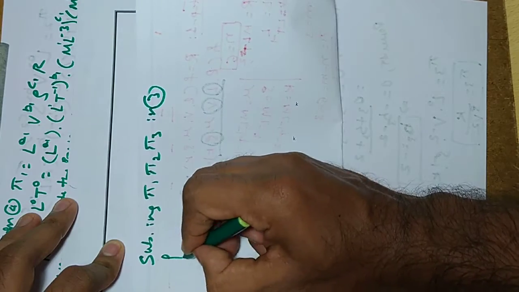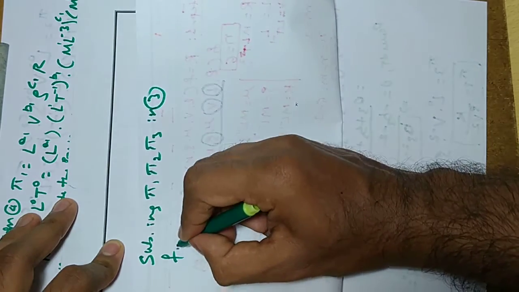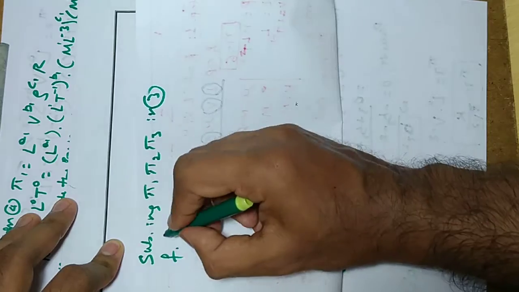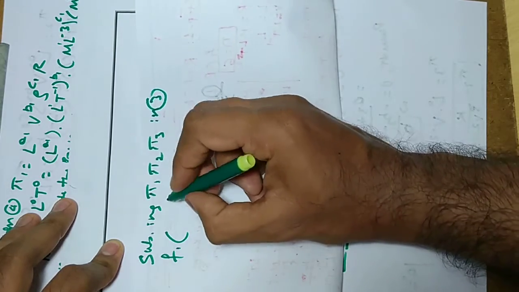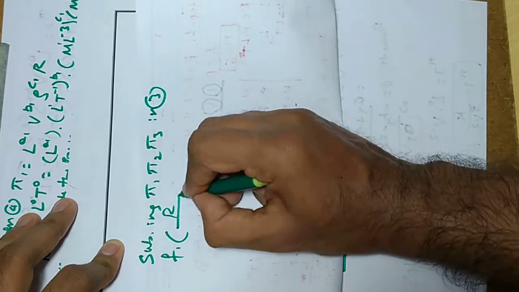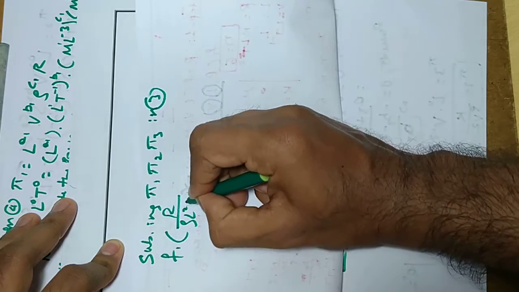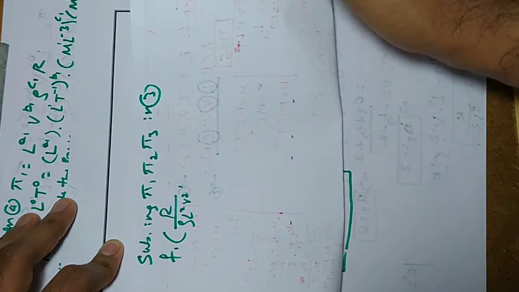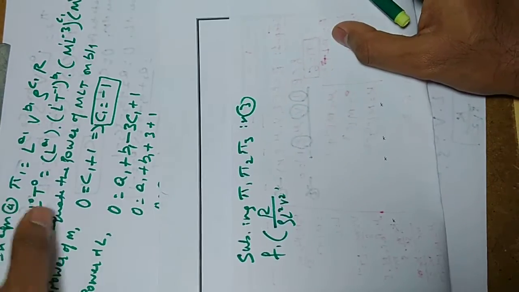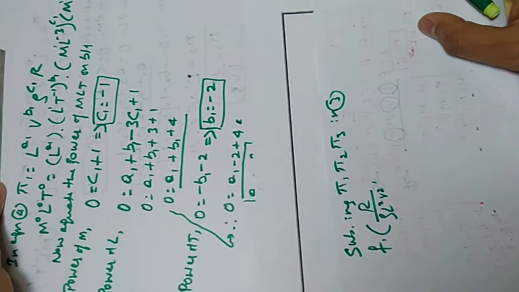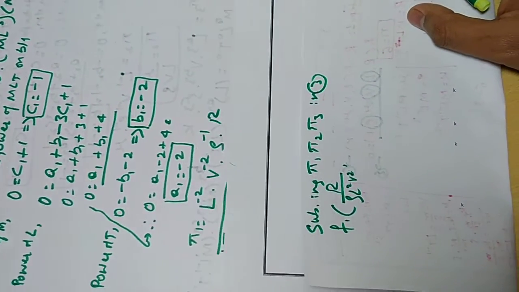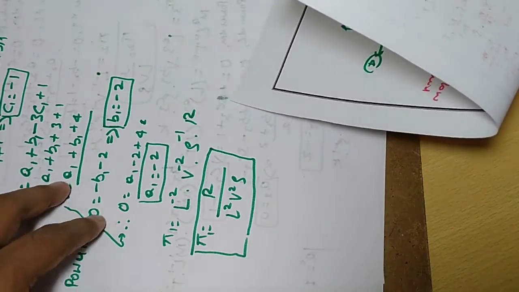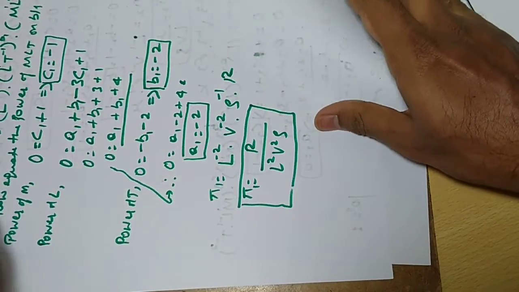That is function f1 of pi 1, which is r by rho L square V square, and pi 2.